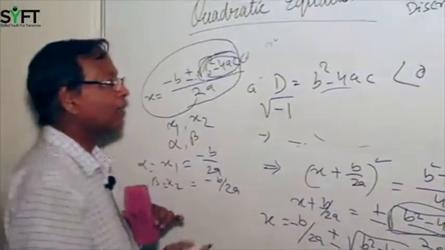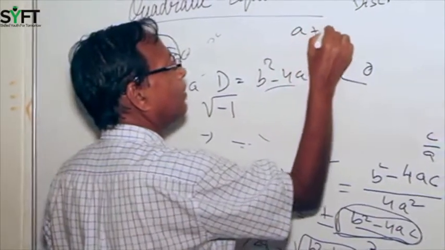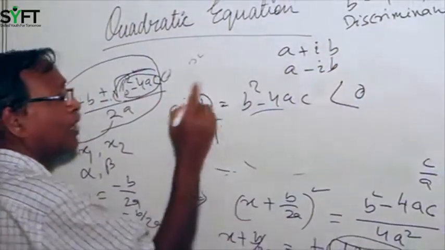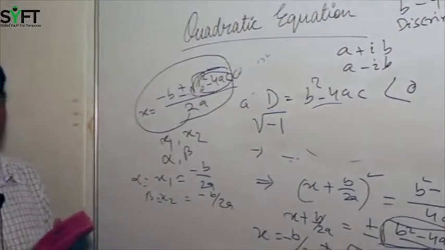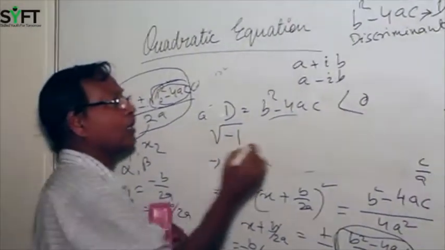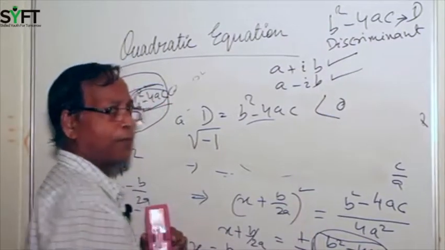And for that, the roots will come in complex form, that is, suppose a plus ib and a minus ib. If one is complex, the other is also complex, and they are conjugate to each other. Conjugate means if one root is a plus ib, the second root is a minus ib.